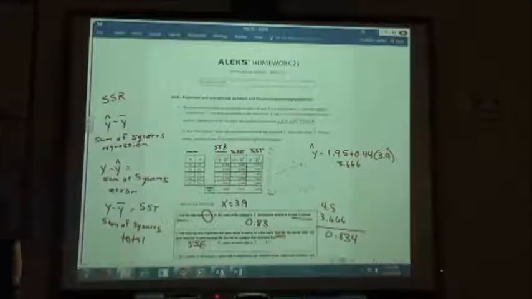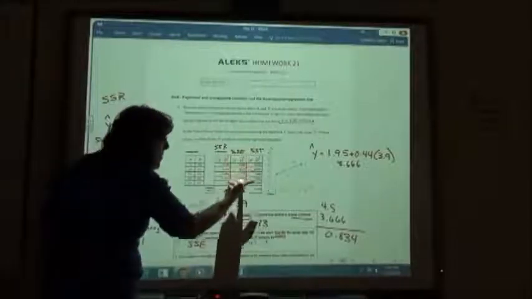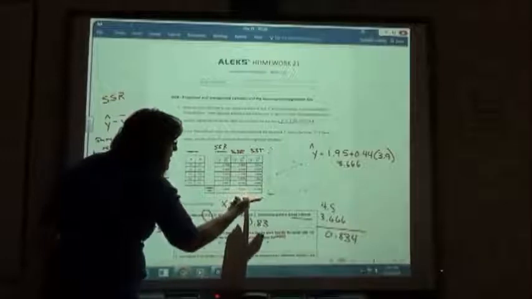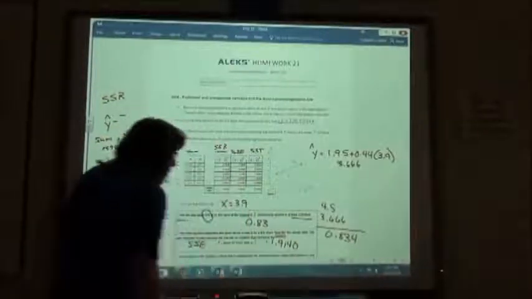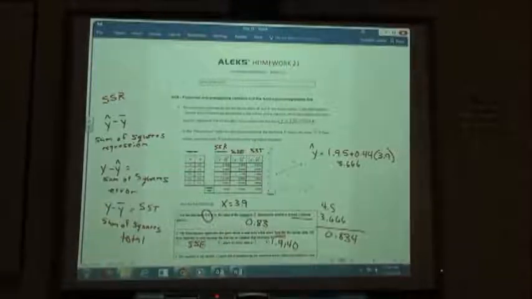The line of best fit minimizes your error. So the sum of squares error for these data. And so then what I'm going to do is just look in my table because they've already done my calculation. In this case, it's the 1.9140. I just looked that number up in my table. That's the number for the sum of the squares error.